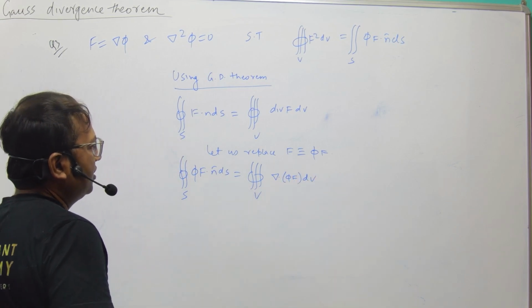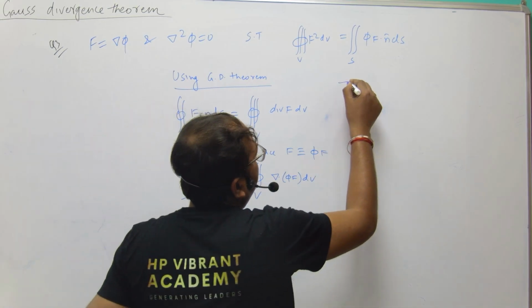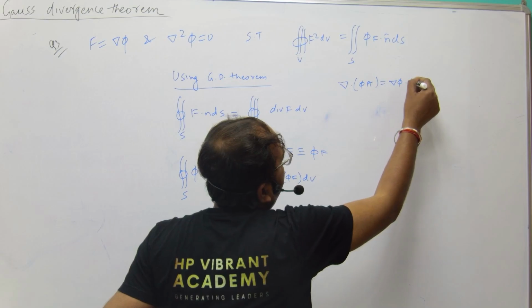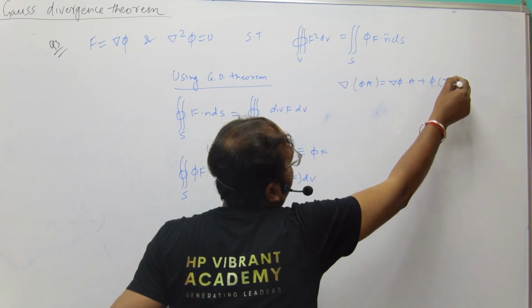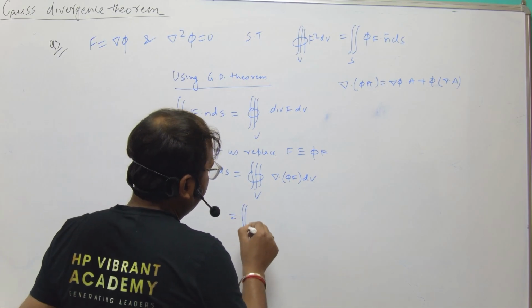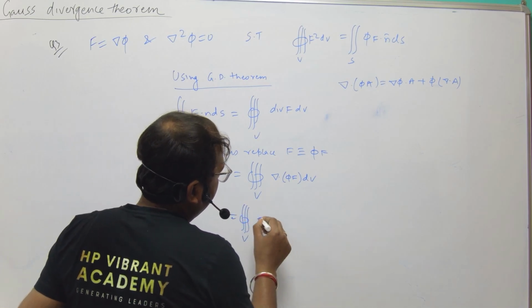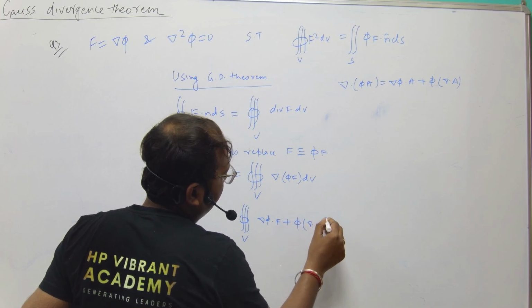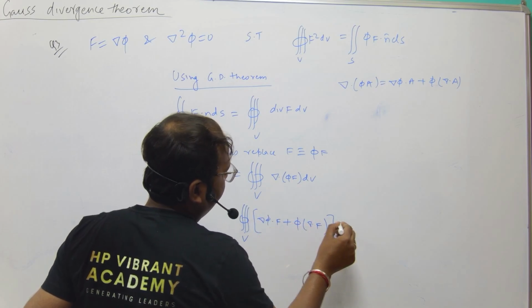We have studied in the chapter of vector identities, del dot phi A is equal to del phi dot A plus phi times del dot A. Let us apply it here. So this is equal to the triple integration along the volume V of del phi dot F plus phi times del dot F, dV.